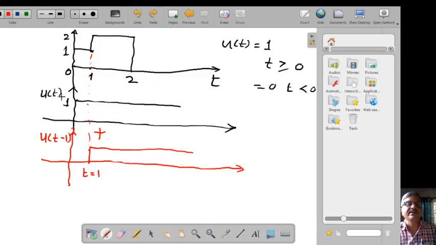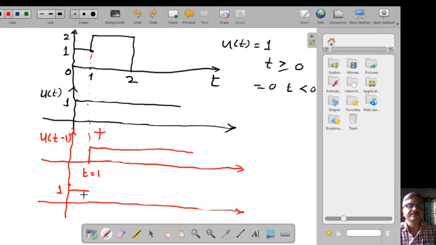Now if I add u of t and u of t minus 1, I will get a signal something like this. Just check whether I am correct or wrong. From t equal to 0, the signal will be starting. Its amplitude is 1 here.